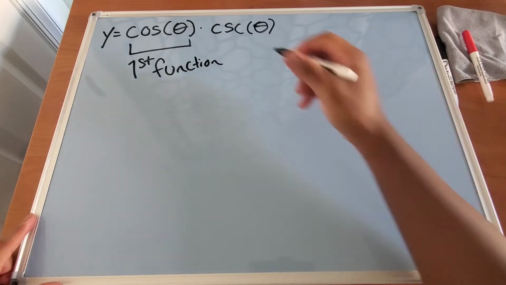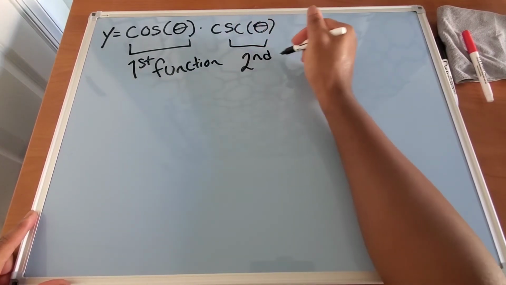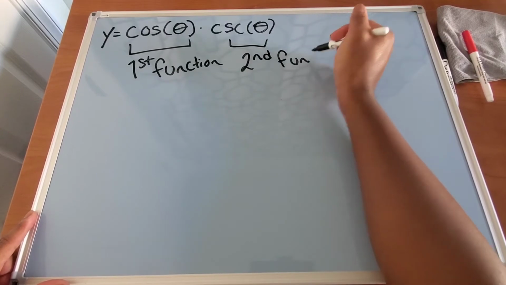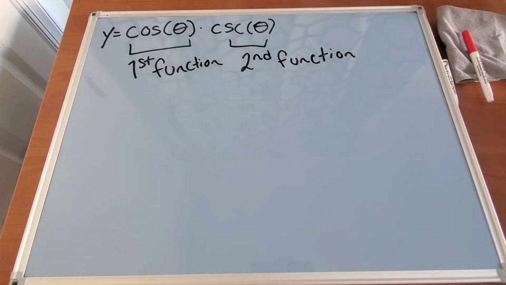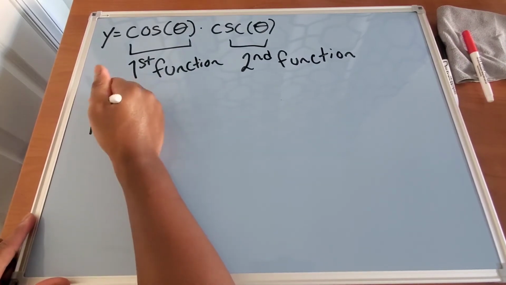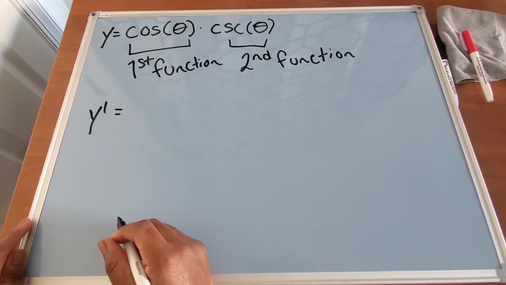And then we know that cosecant theta is our second function. So now that we know that cosine theta is our first function and cosecant theta is our second function, we can just take the derivative. So we know that y prime is equal to the derivative of the first function.